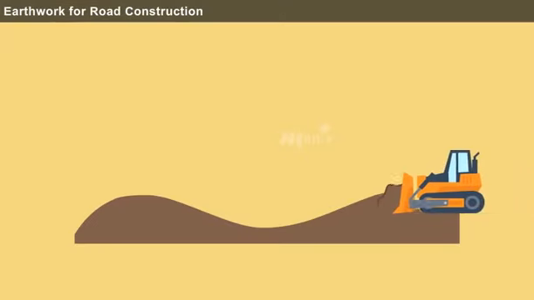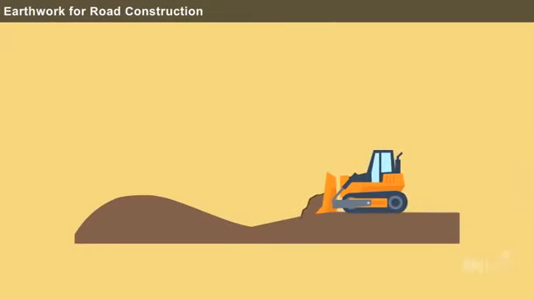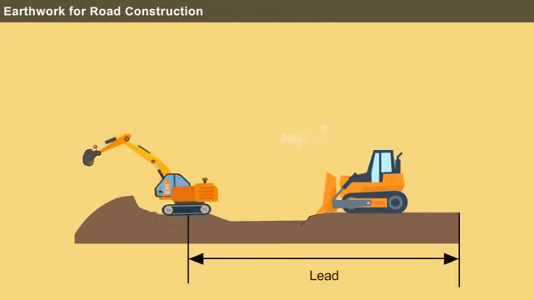Lead and lift. Lead is the horizontal straight distance through which the earth is carried from one place to another, that is, from the source to the place of spreading. Simply, the center-to-center distance measured from the source to the place of spreading is known as lead.